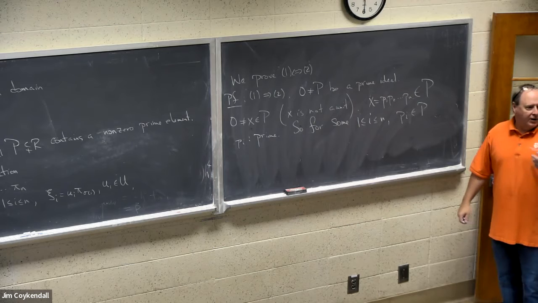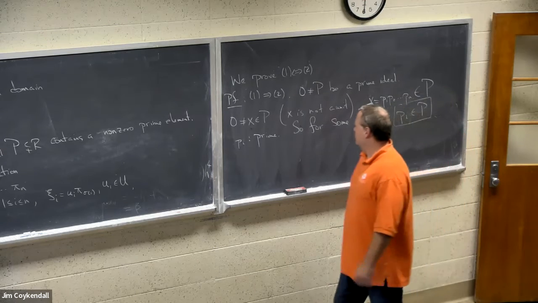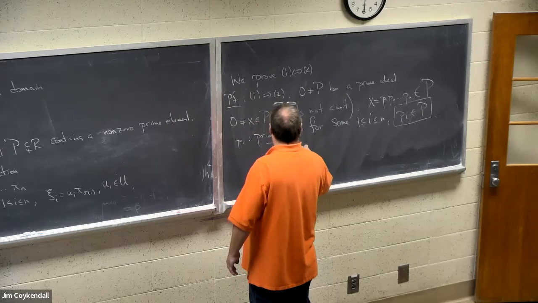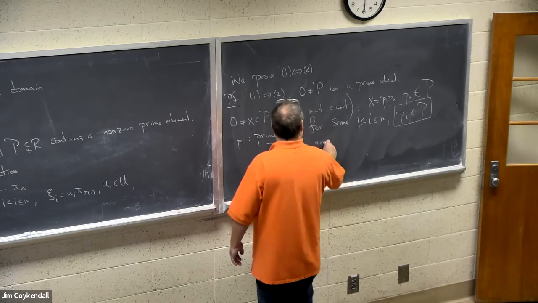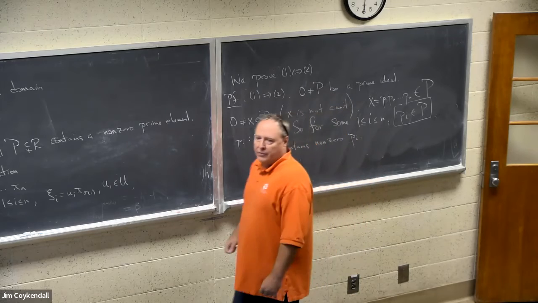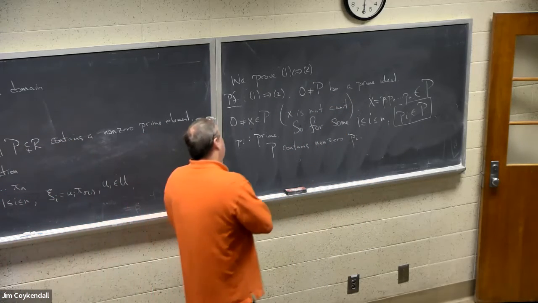So since that product's in there, one of those has to be in there, and there we go. The ideal contains a non-zero prime. So that was the easy direction, right? If it's a UFD, this certainly has to happen.